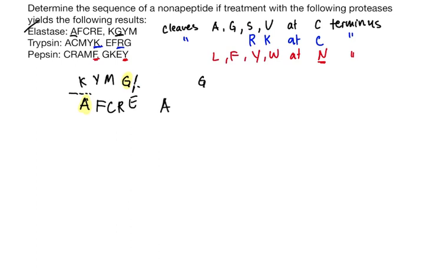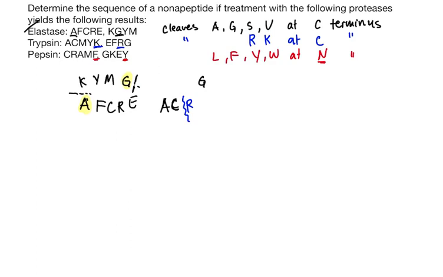So we know G is already here, and we know A should already be there. The C, cysteine, can only be here, right? Because as we've seen earlier, R would be cleaved off at the C terminus. So your cysteine can only be placed here.